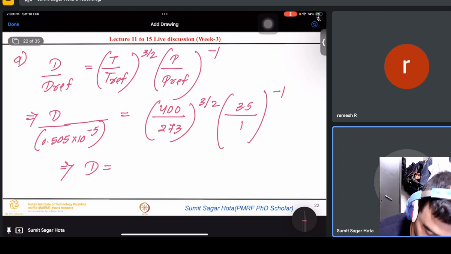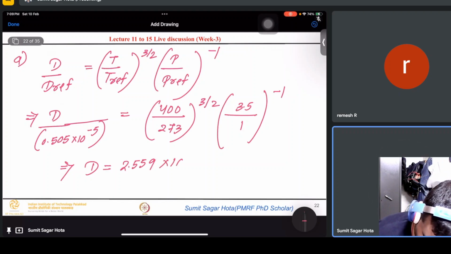Calculated diffusion 2.559. What is the formula for diffusion? The unit for diffusion is meter square per second.